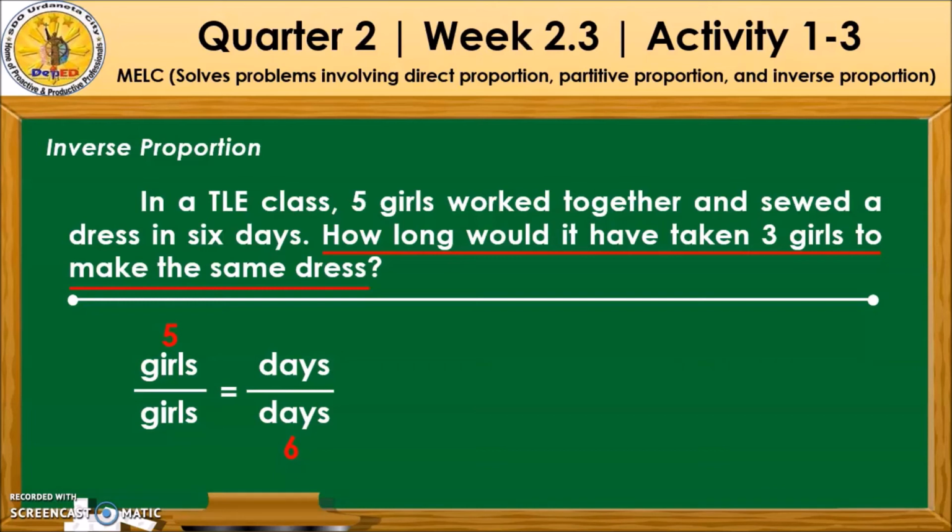We can substitute girls to 3. And on the opposite side, we don't know yet how long, so we're going to use a variable for the missing term. Now, let's rewrite the equation we have formed. So 5:3 as to the missing term is to 6. We can now find the missing term.